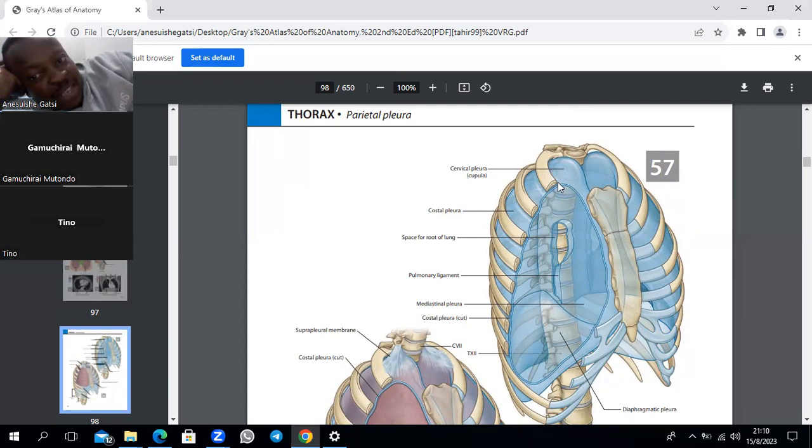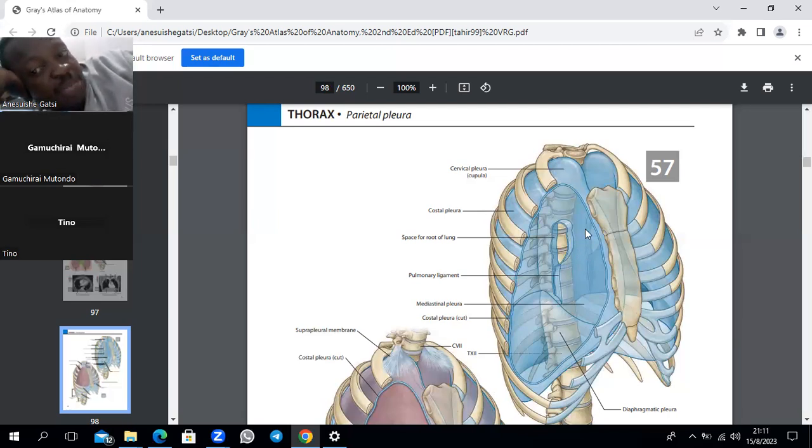The pleura that covers the apex of the lung in the neck is called cervical pleura. Then the pleura that covers the part of the lung which faces the ribs is called costal pleura. Then the pleura which covers the part of the lung that faces the diaphragm is called diaphragmatic pleura. Then more on the inside there, we have something that we call mediastinal pleura.